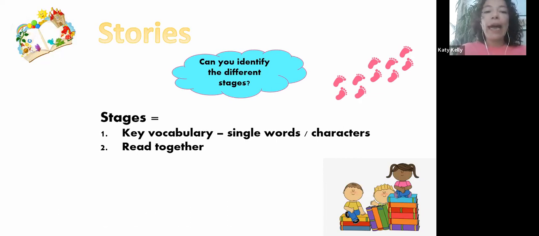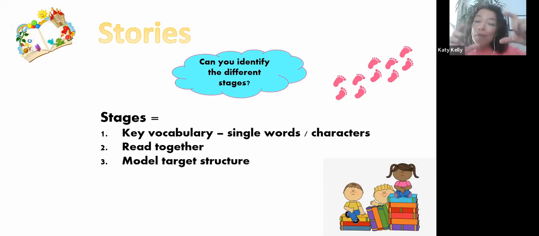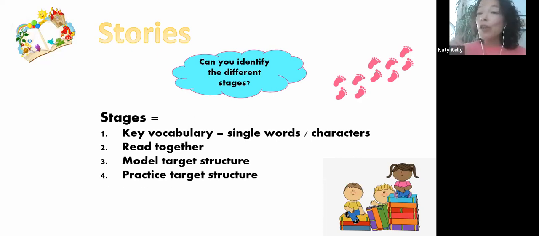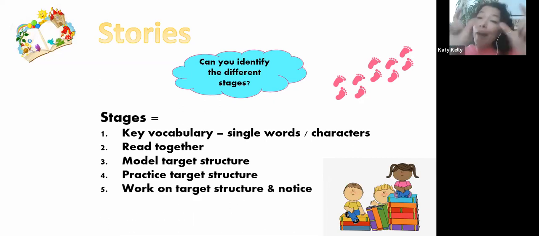Fantastic. Then we looked at, do you remember we had the individual? What did Bella say? What are you doing? Then each character to give a model of the language. So what are you doing? I am. And we had the opportunity then to practice the language as well. Then with the different colors, when you had to make the two sentences, this gives you the opportunity to work on the target structure.